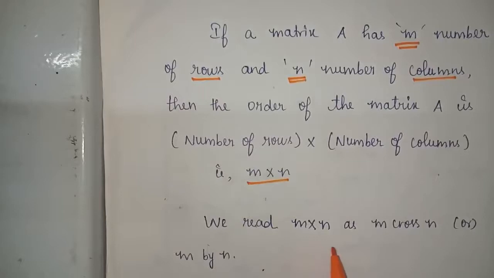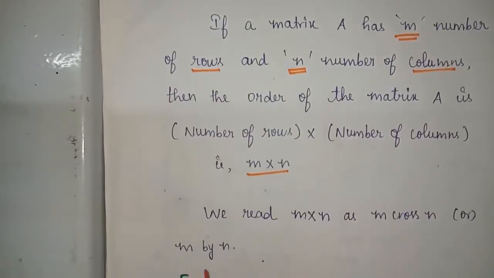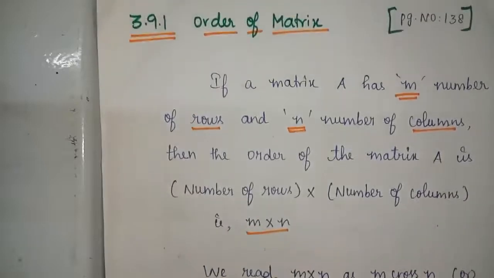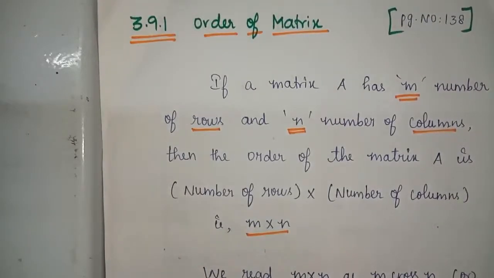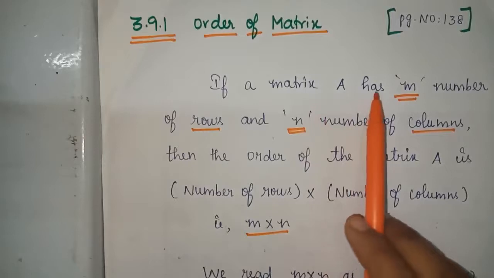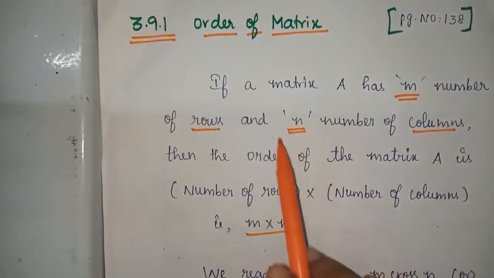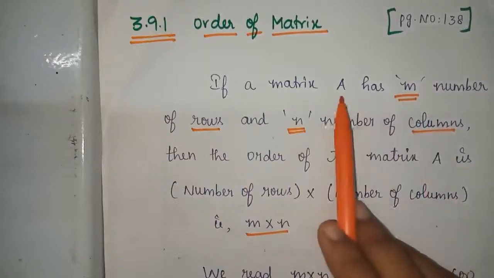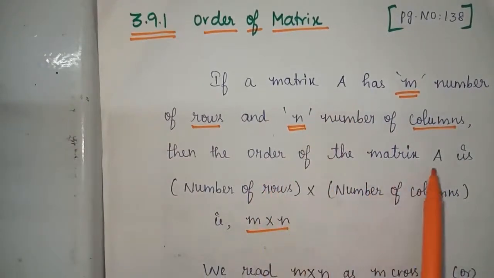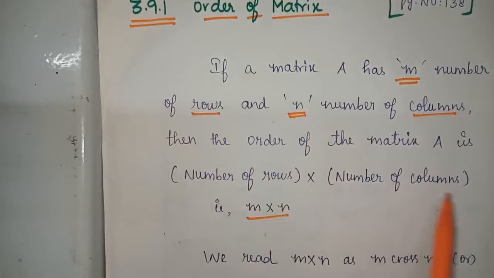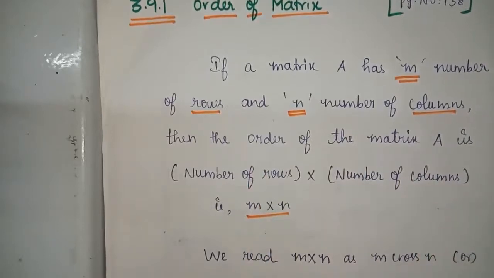We read m cross n as m cross n or m by n. So in a matrix, to find the order, we take m as the number of rows in matrix A and n as the number of columns in matrix A. So the order of matrix A is m cross n.